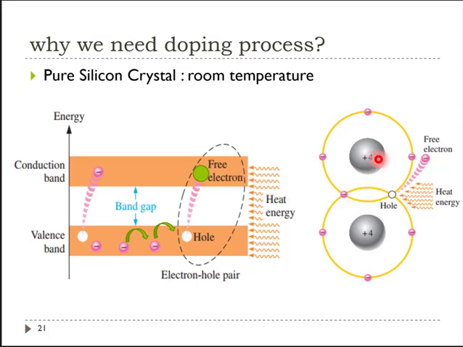So if you look at the structure here, we can see that they have one hole here. So this hole must be filled in by another electron in order to make it stable. This process is different between P-type and N-type.